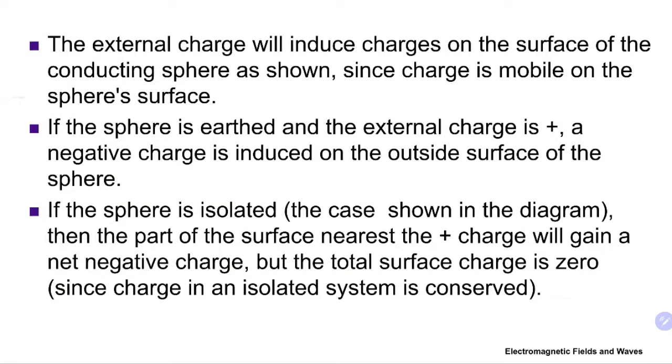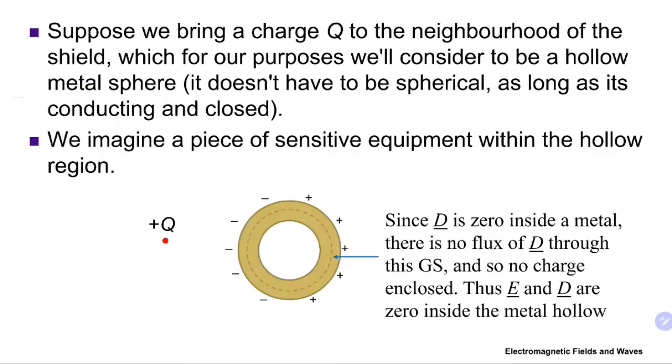So the external charge induces charge on the surface of the conducting sphere as shown, since charge is mobile on the surface. And if the sphere is earthed and the external charge is positive, then negative charge is induced on the outer surface of the sphere. So if I ground this, if I earth this, what happens is that electrons will flow and neutralise all the positive charge.